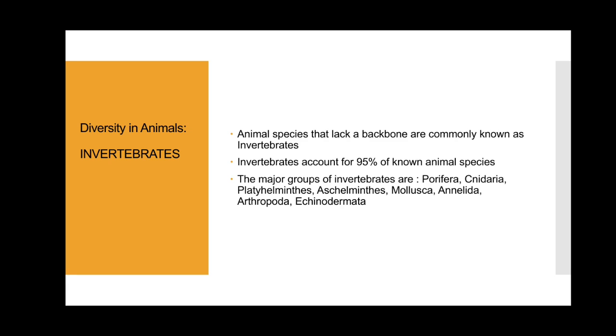Now we will start with the diversity in animals, in which we will talk about invertebrates. These are the animals that lack a backbone, commonly known as invertebrates, and out of the total species which are found on this planet Earth, 95% of the animals known are invertebrates.